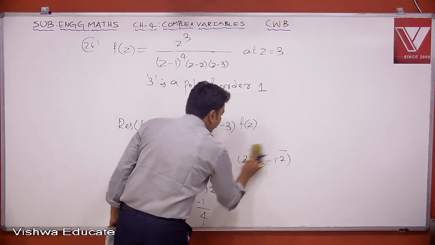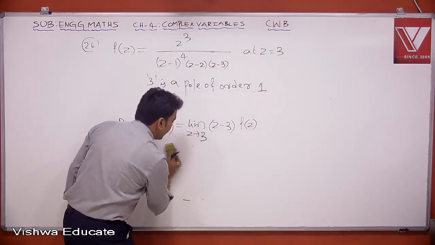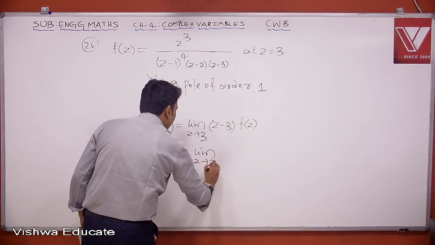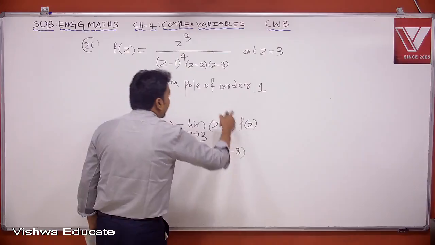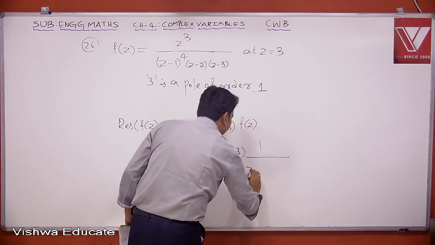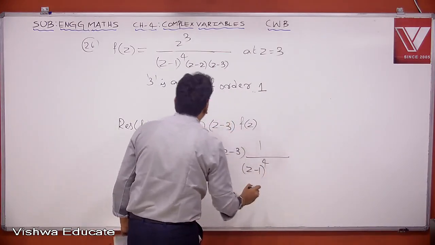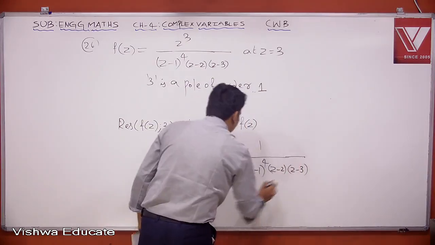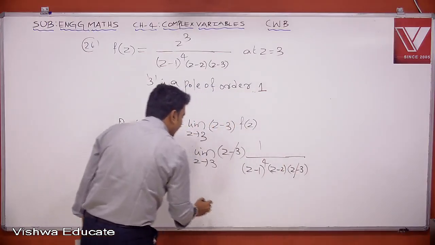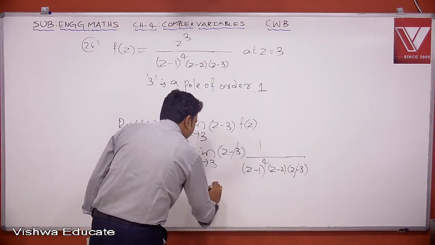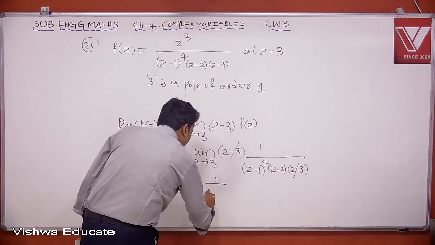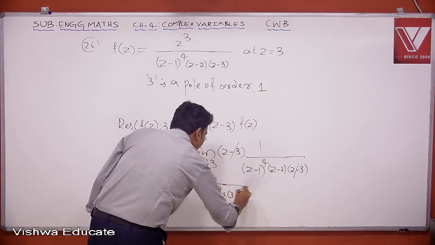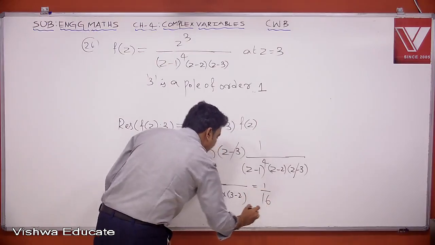Therefore, this limit will be equal to limit z tends to 3 of (z minus 3) into f of z, which is 1 divided by (z minus 1) whole power 4 into (z minus 2) into (z minus 3). This z minus 3 will get cancelled. Therefore, replace z by 3. You will get (3 minus 1) whole power 4 into (3 minus 2). So therefore, this is 1 by 16.